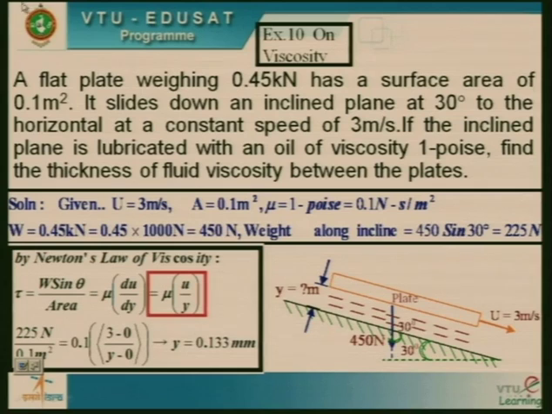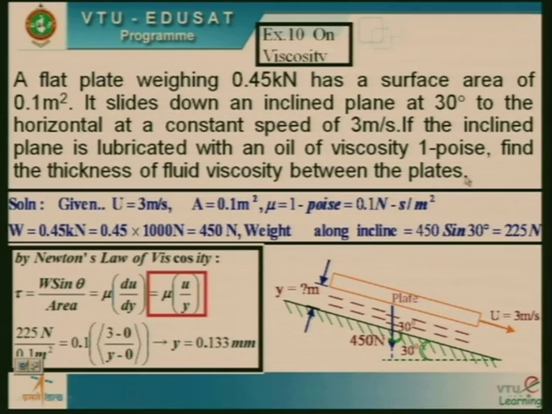Substitute the values one by one very carefully. You can see here it is 225, W sin theta, which is substituted here. Area of the plate is mentioned here, you can see 0.1, is equal to mu, which is the dynamic viscosity.